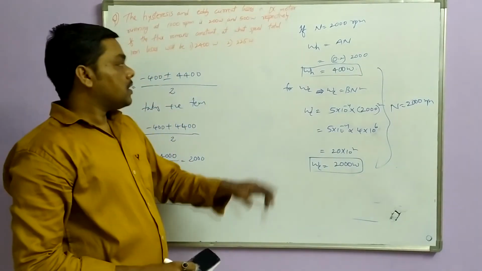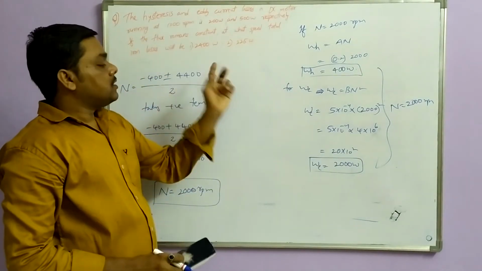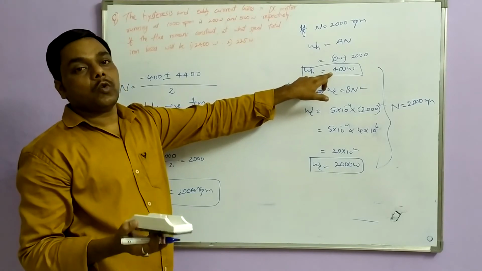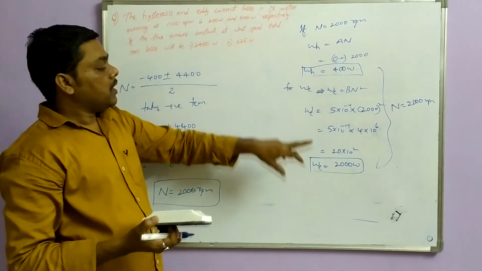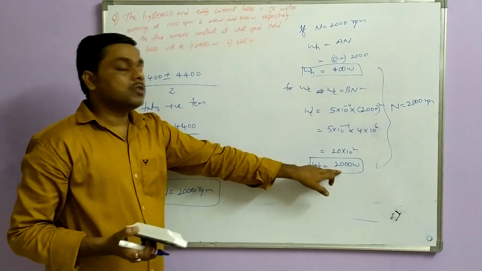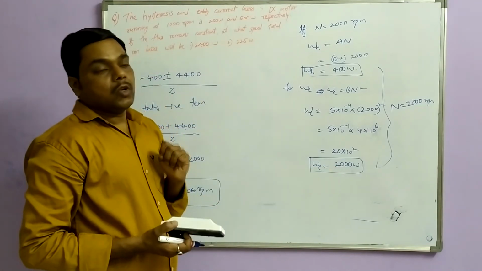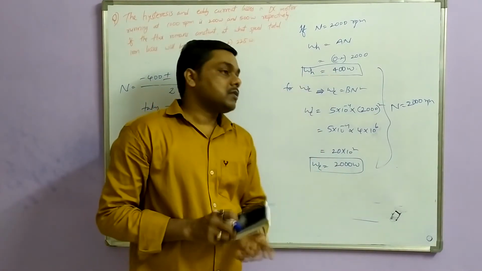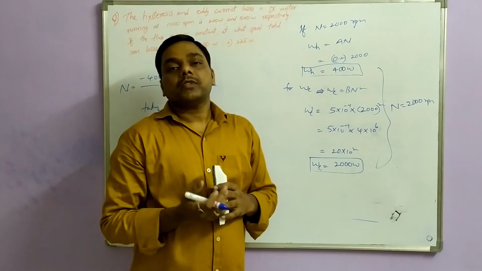Now you can see here speed is doubled, so hysteresis losses are doubled, 200 into 2 is 400, but eddy current losses you can see here 500 and it increases to 2000, means 4 times. So hysteresis losses are doubled, but eddy current losses are 4 times increased.